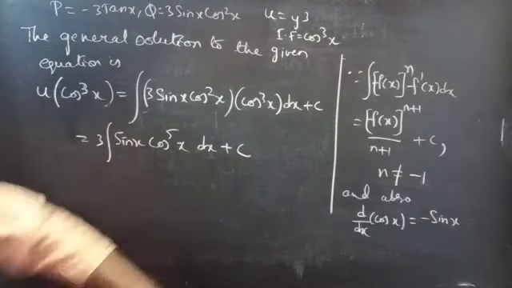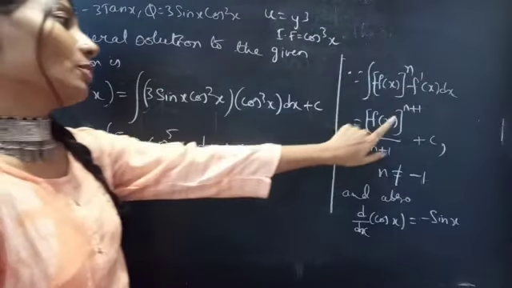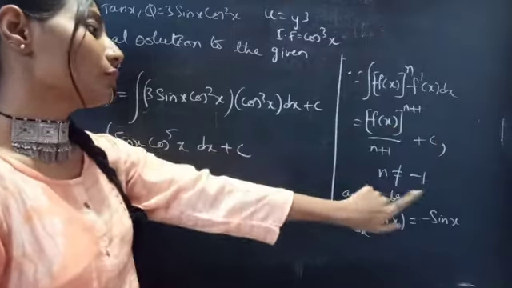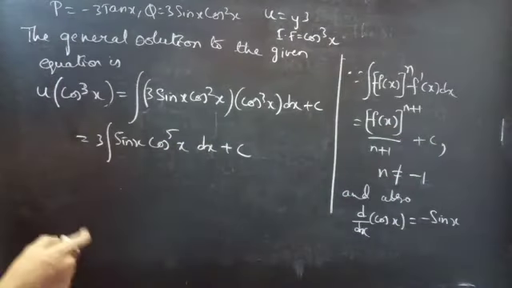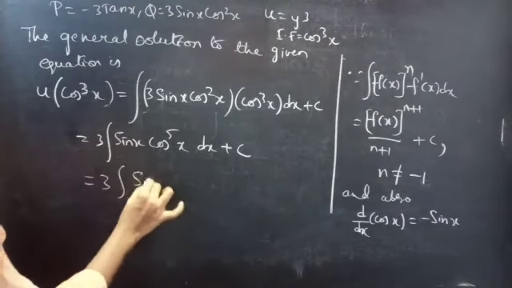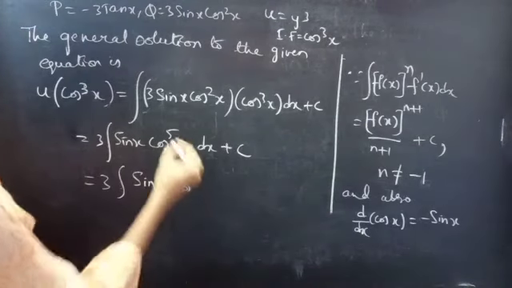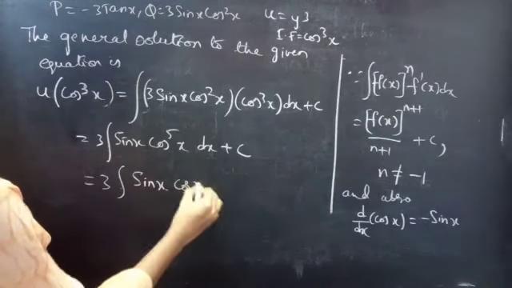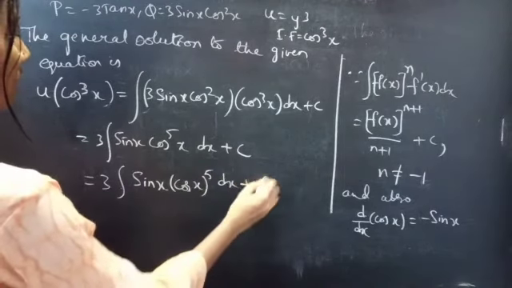We know that integral f of x power n into f dash of x into dx is f of x power n plus 1 by n plus 1 plus c, provided n not equal to minus 1. Let us write this as sin x into cos x power 5 into dx.